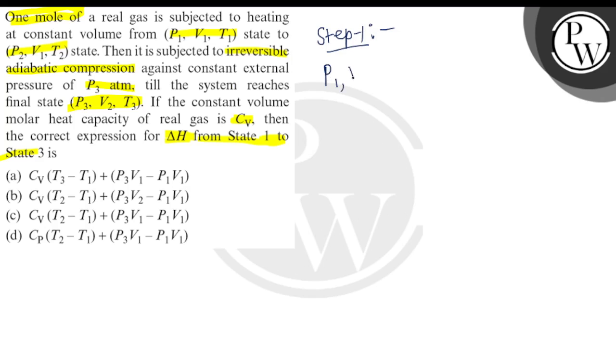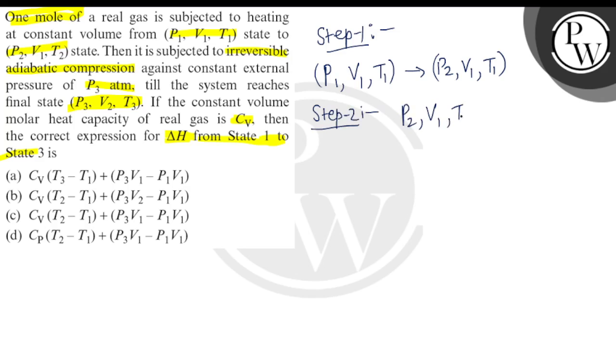So P1 V1 T1 is converted into P2 V1 T2. Then at step 2, P2 V1 T2 is converted into P3 V2 T3. So we got two steps here.